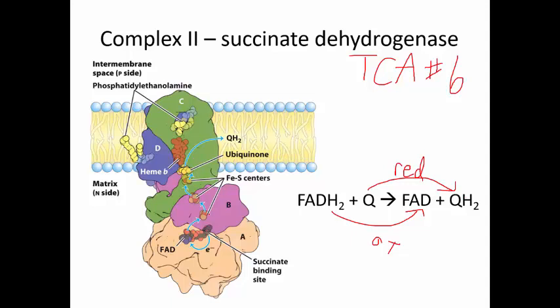And again, it's going to go through a series of iron sulfur centers and whatnot, but that's going to be the gist of it. All right, and then now the FAD can react again with succinate to do this step of the TCA cycle. So Q, I should maybe point out, QH2 can also leave where it is and float off and go somewhere else. So that's critical. FADH2 could not.